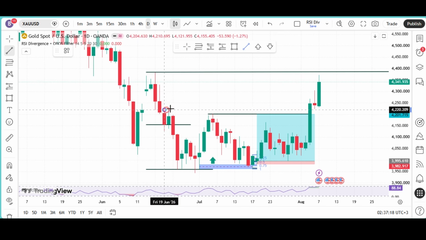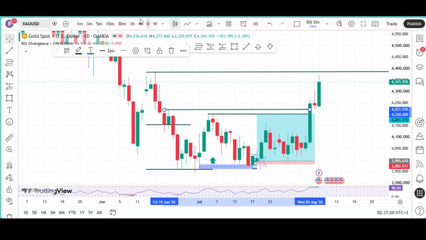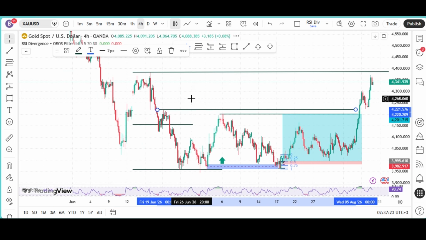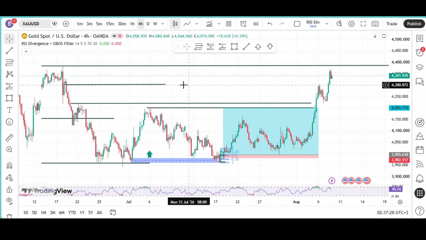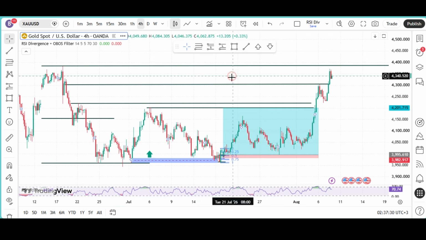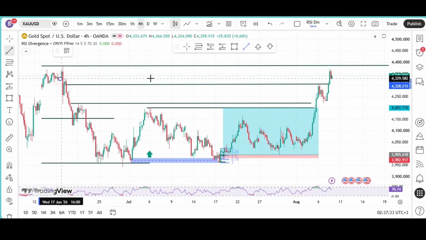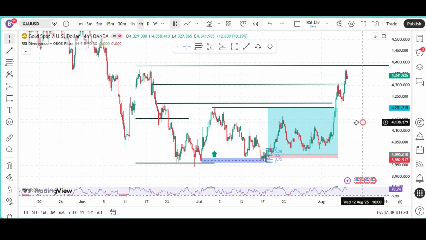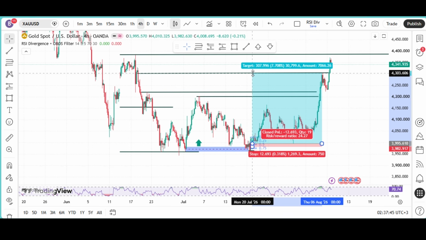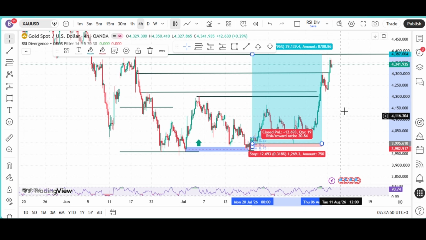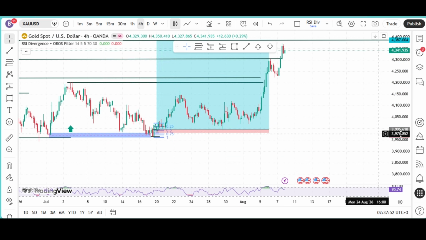I can even take this level right here, and in the 4-hour time frame there was another level, this order block right here, which can also serve as a TP, and also this level here. Actually that was mitigated, but this level can serve as a TP. And you can see the various risk to reward ratios: 18.23, 24.27, and this is 30.12 R.